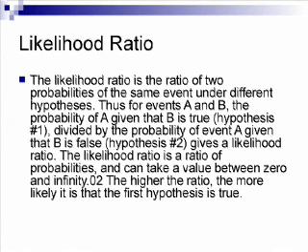So, for events A and B, the probability of A, given that B is true, hypothesis number 1, divided by the probability of event A, given that B is false, hypothesis number 2, gives a likelihood ratio. The likelihood ratio is a ratio of probabilities, and it can take a value between 0 and infinity. The higher the ratio, the more likely it is that the first hypothesis is true.